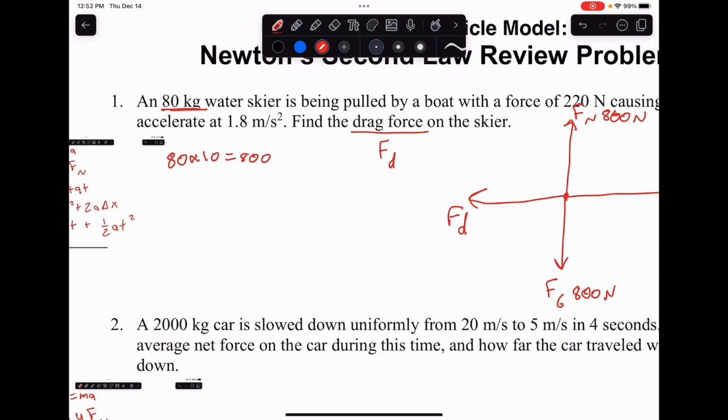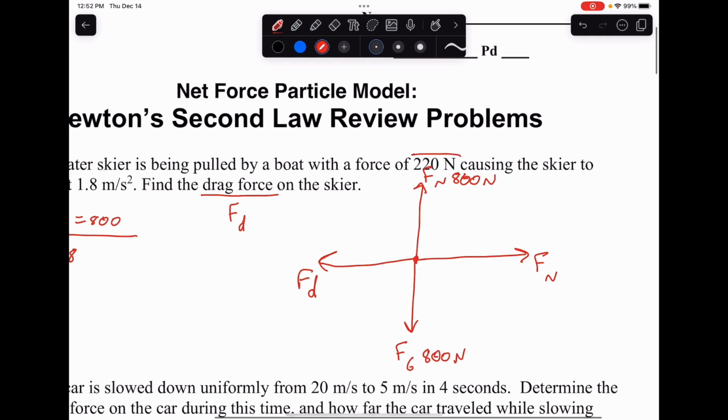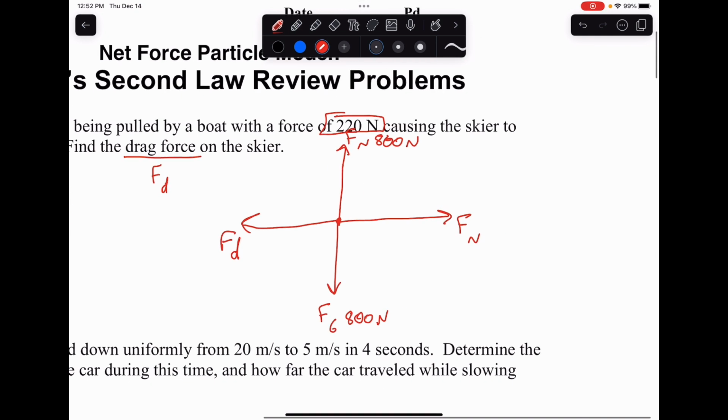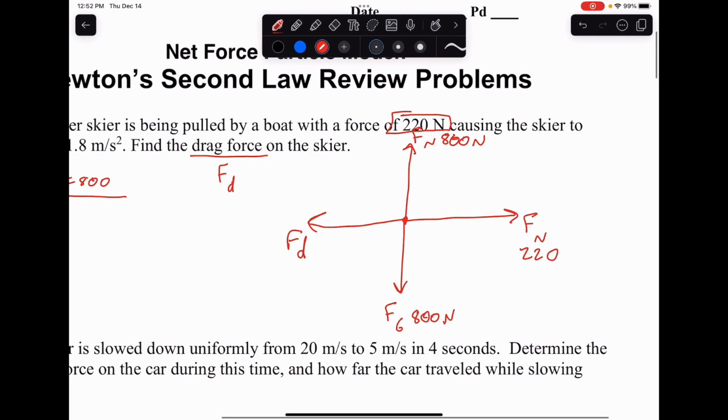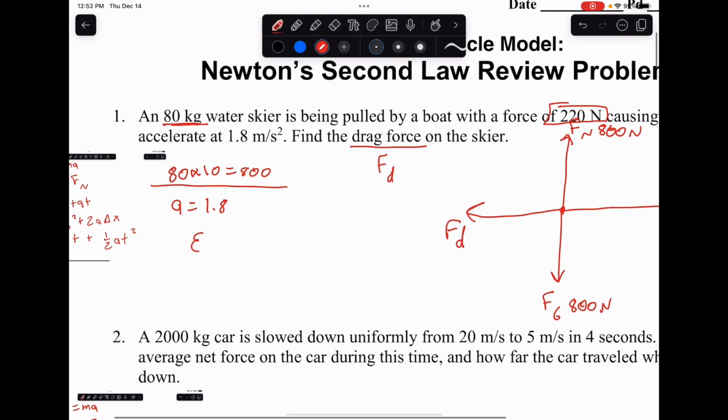So we have acceleration as 1.8. And the boat is being pulled with 220 newtons, so let's put 220 on this side. So the total force equals mass times acceleration.